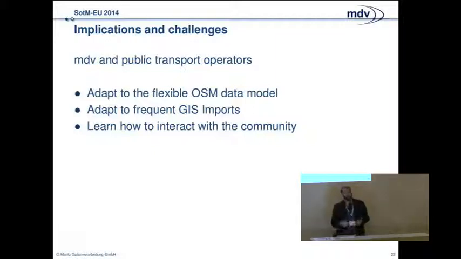Another thing is to adapt to frequent GIS data imports, which until now didn't happen. So they were working for a very long time on the same GIS data set.